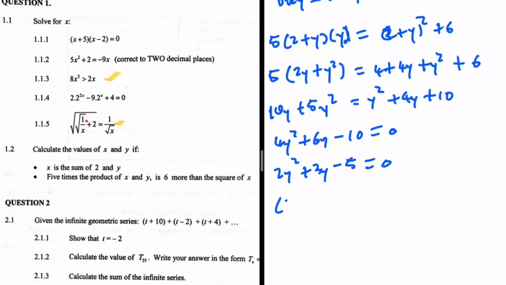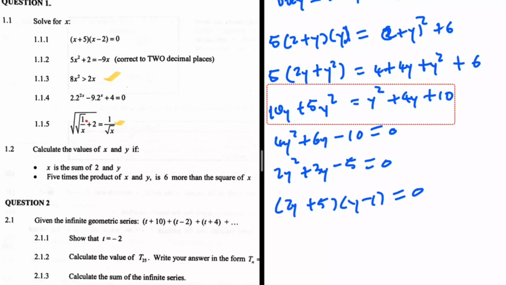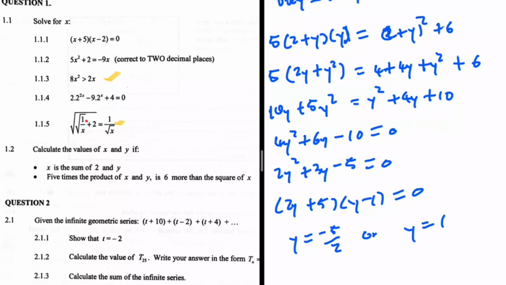We can factorize this: 2y plus 5 multiplied by y minus 1. This is equal to 0. So that will be 2y squared minus 2y plus 5y, which will give us plus 3y and then minus 5. Okay, so that is fine. y is equal to minus 5 over 2, or y is equal to 1.